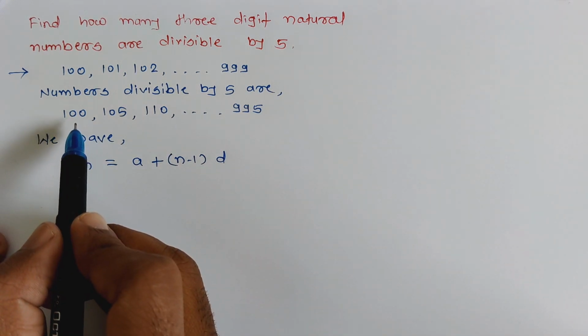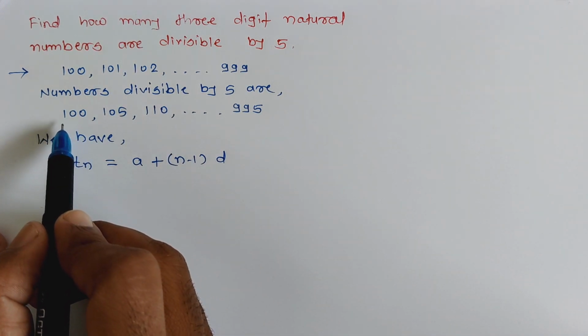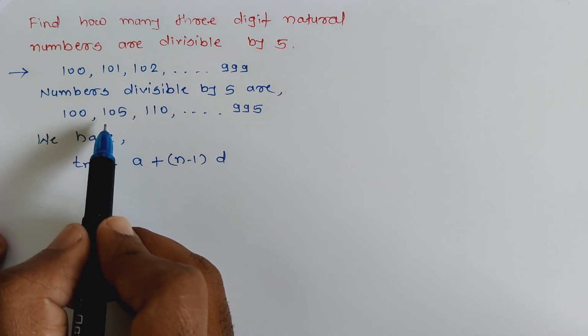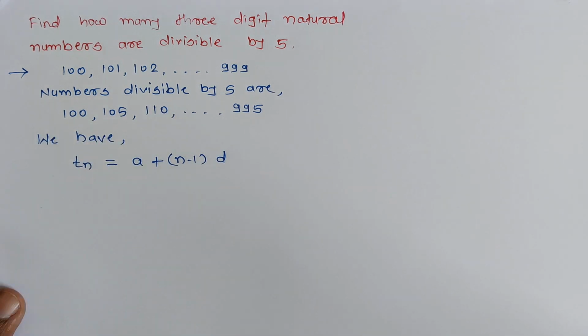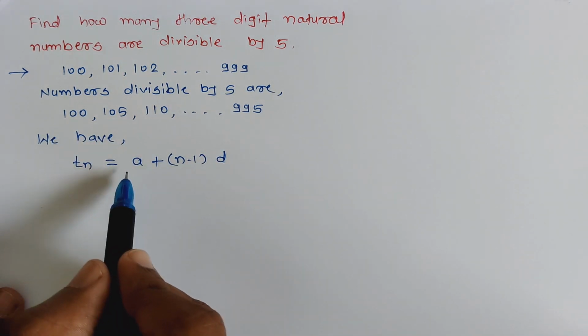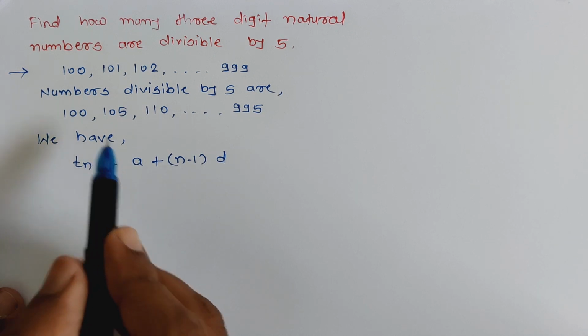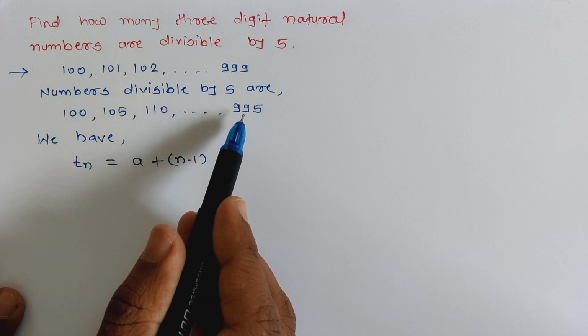Now in the above AP, as these terms have a constant common difference between consecutive terms, that's why this is an AP. We can use this formula to find how many numbers are there in between 100 and 995.